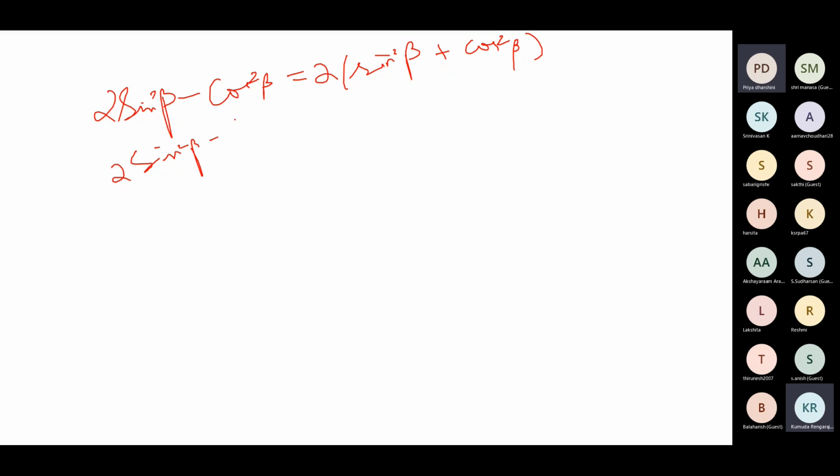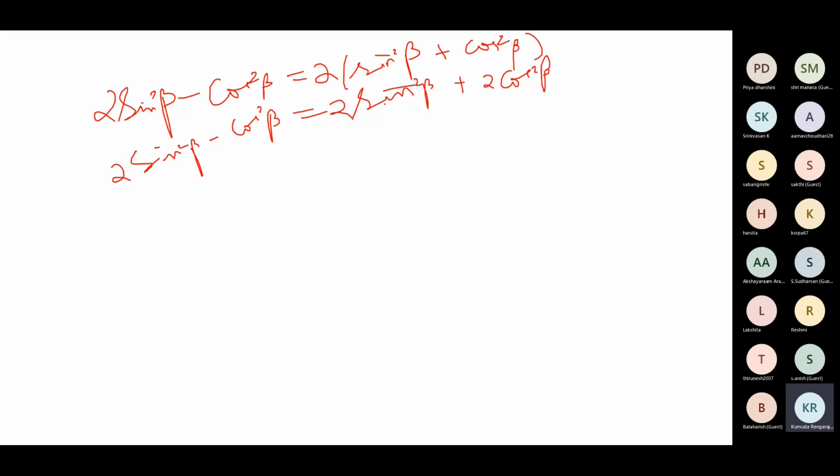Yes, ma'am. So 2 sine square beta minus cos square beta is equal to 2 sine square beta, open the bracket here, 2 sine square beta plus 2 cos square beta.